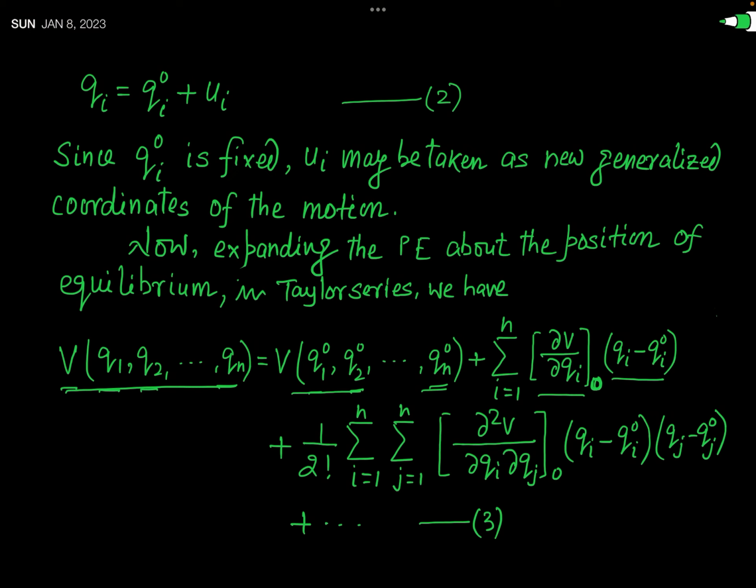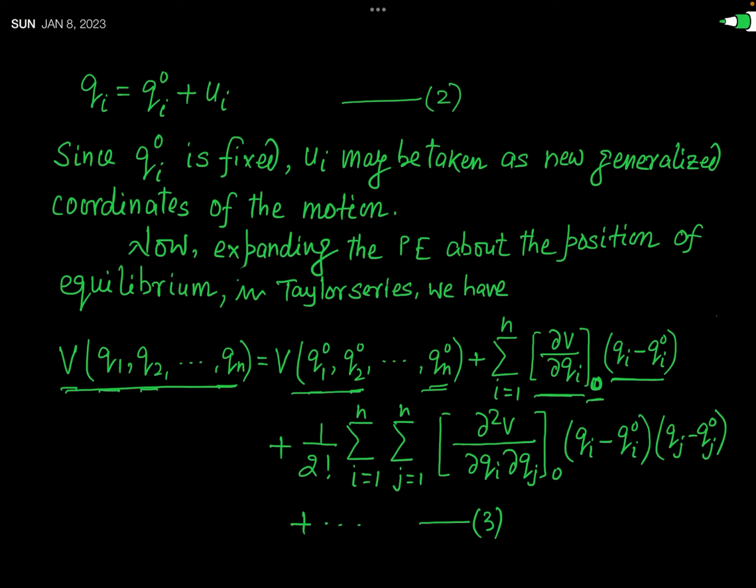So this del V by del Qi at 0 represents the first order partial derivative of the potential energy function at the equilibrium position. This 0 refers to the equilibrium position. And this Qi minus Qi0 is actually the displacement of the particle from the equilibrium position.